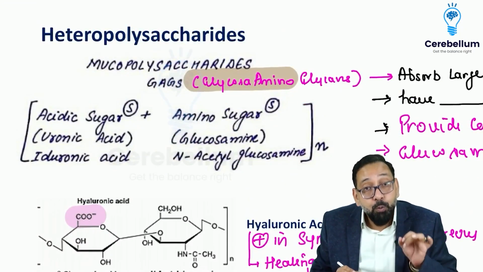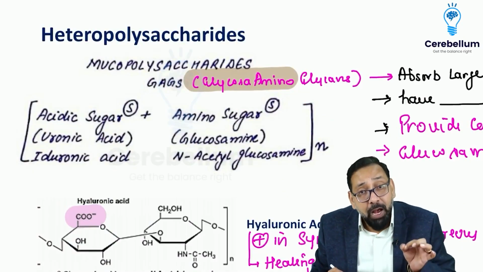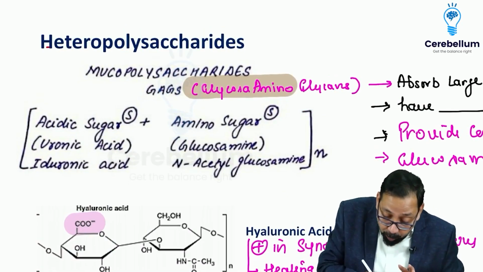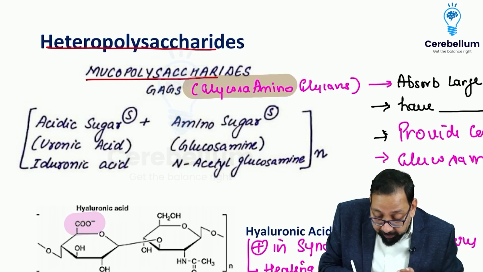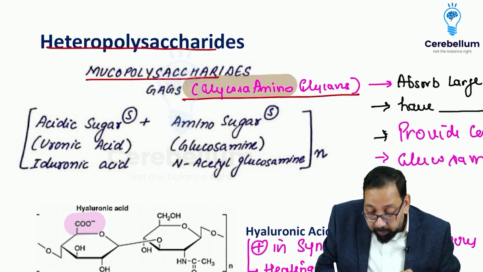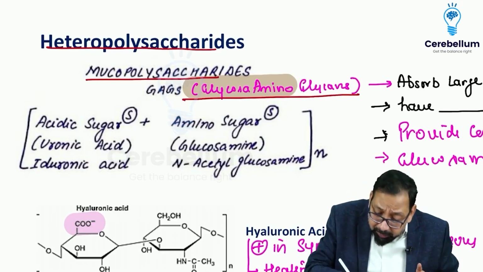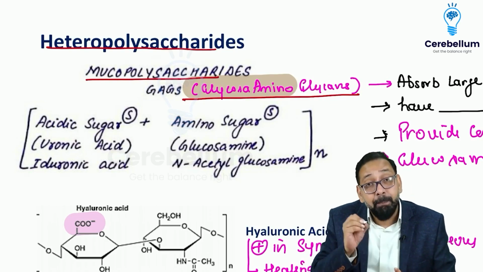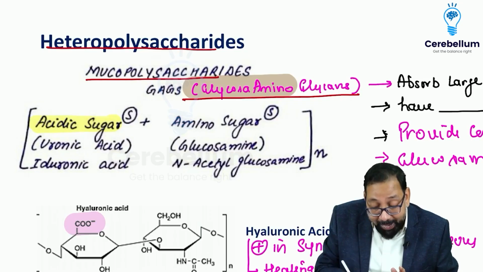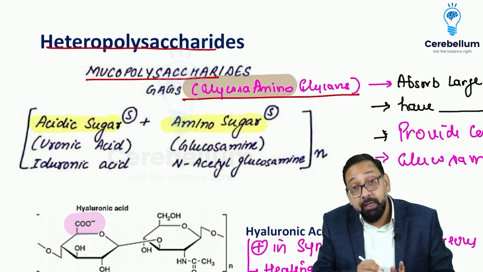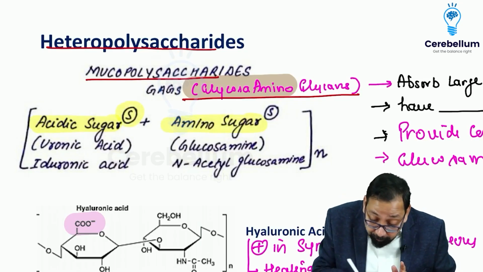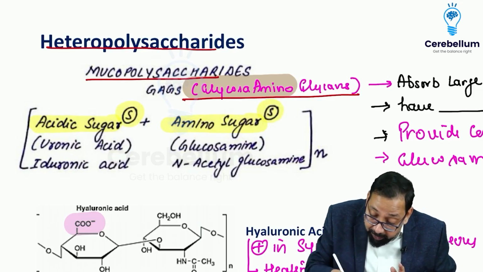heteropolysaccharide or mucopolysaccharide or glycosaminoglycan, three names. We found that these glycosaminoglycans are made up of acidic sugar and amino sugar, and there is sulfate, and sulfate has a negative charge.